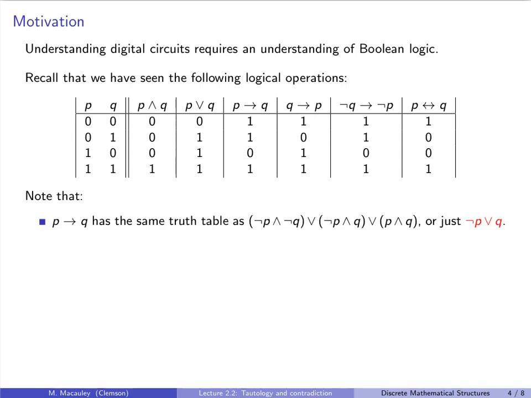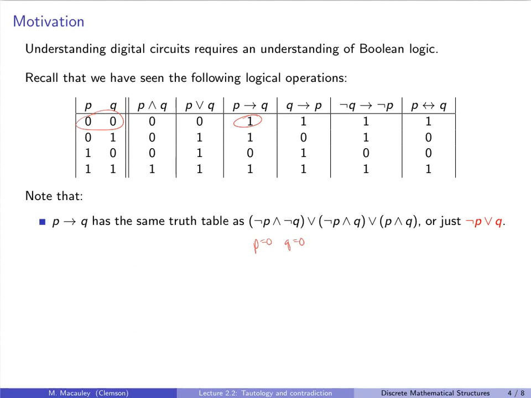I claim that if P then Q has the same truth table as this long expression. Let me try to break this down for you. So here we have 3 clauses. This first one is true if P equals 0 and Q equals 0. So that corresponds to this entry of 1.